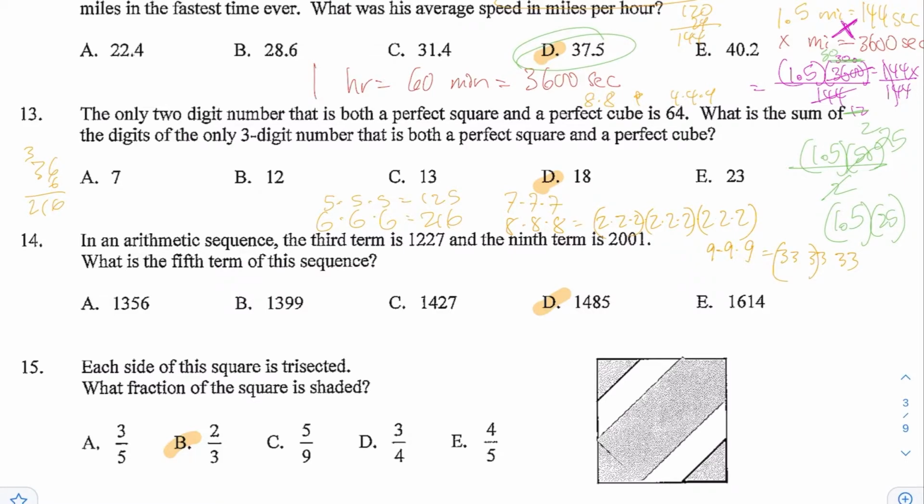And you can see that when you have 9, 9, and 9, that's the same as 27 times 27. So 9 times 9 times 9 is probably going to be it, and that's 81 times 9, which is 729. So if you add up the digits in 729, you get choice D, 18.